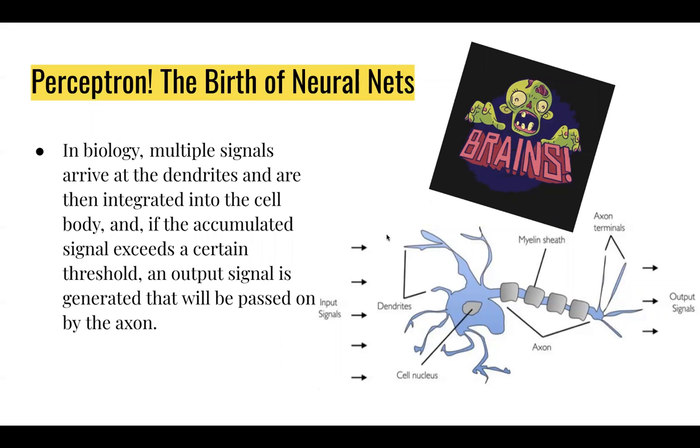When they receive interneuronal signaling, it builds up internally, and once it crosses a certain threshold, the neuron itself will fire along the myelin sheath and produce outputs there.